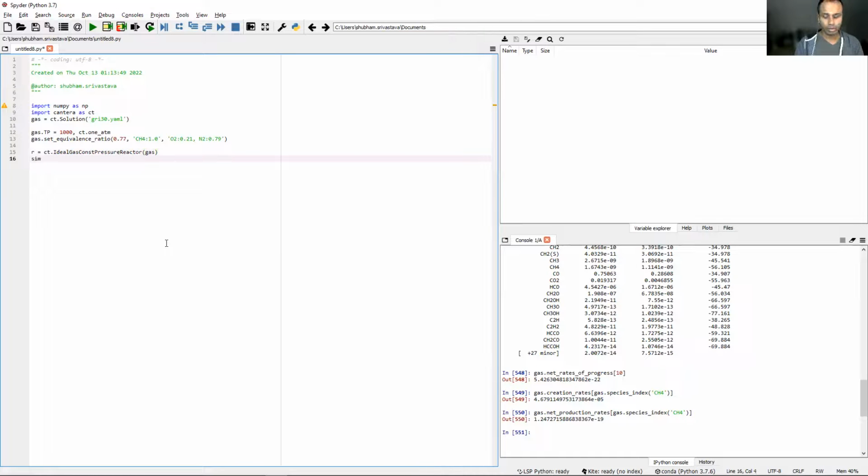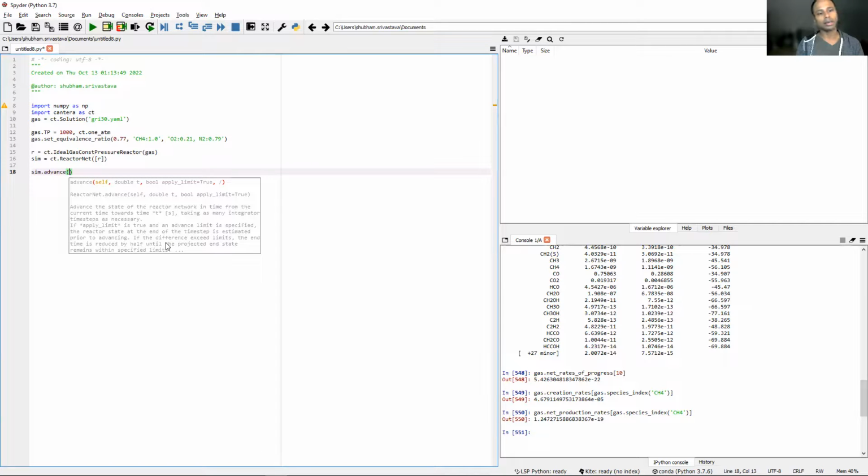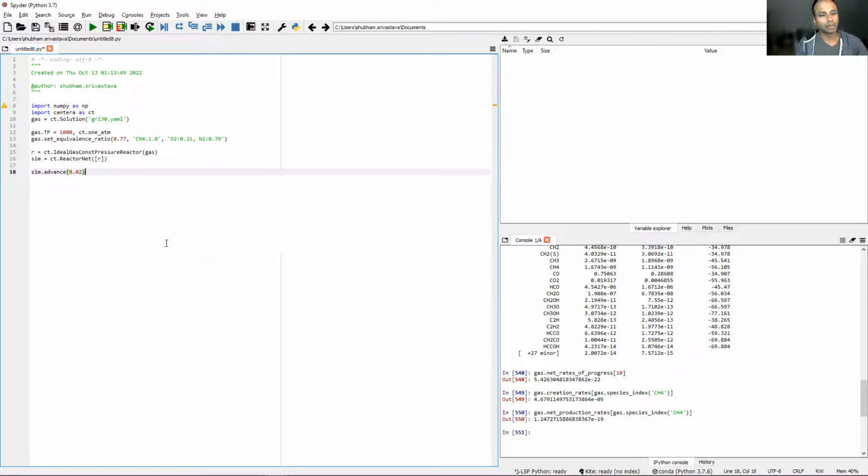And then the familiar line, sim equals ct.ReactorNet, because we will be advancing this reactor in time. Okay, and then we will say sim.advance to, say, 20 milliseconds or something. So 0.02. Okay, so this is in seconds.